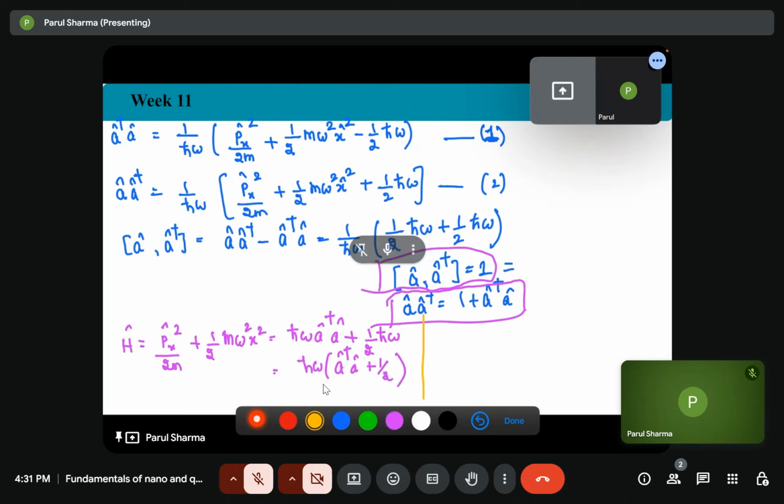This is from equation 1. And from equation 2, we get H equals h cross omega (a a dagger minus 1 by 2).